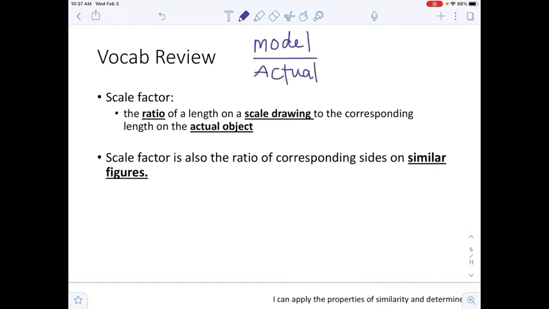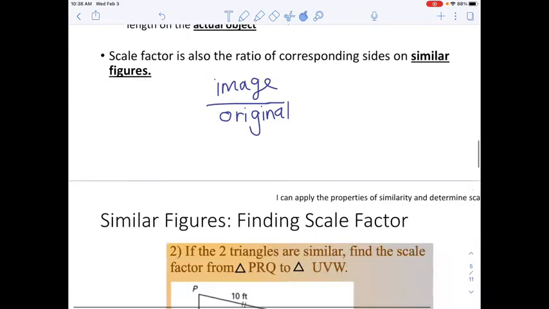And remember, scale factor is a ratio because it has no labels, and the units are the same. So we did model over actual. The only difference that we're going to change up a little bit here for similar figures is that we're going to do image over original. Okay, the image over the original, and that's how we're going to find that ratio.